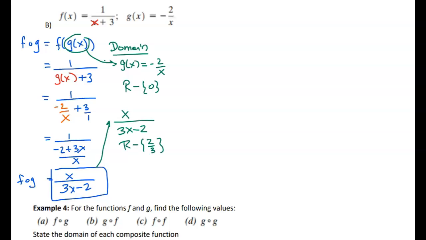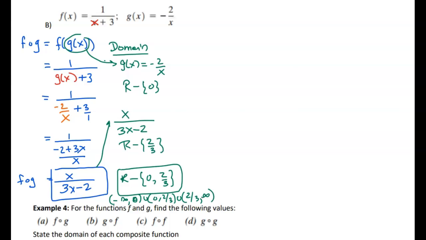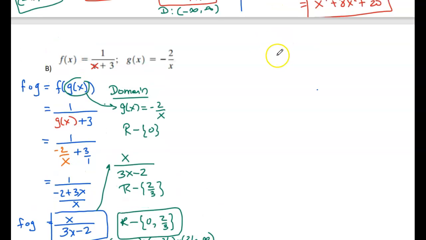So the combined domain for the composition is going to be the real numbers minus both of these, so minus 0 and 2/3. Right? And you can also write this in interval notation: negative infinity to 0, 0 to 2/3, and 2/3 to infinity. All right, so here's an example where you get excluded values.